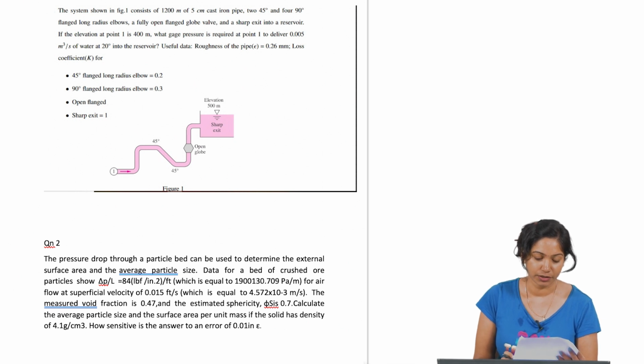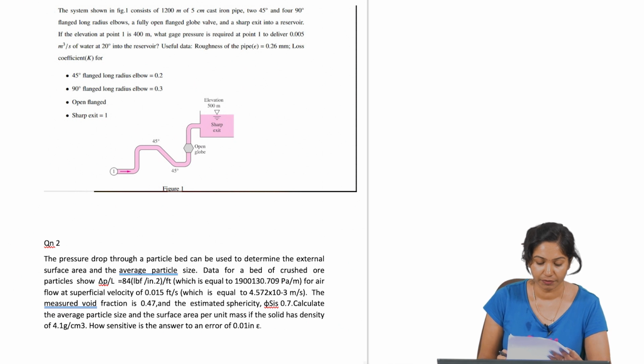The system consists of 1200 meter of 5 centimeter cast iron pipe, two 45 degree and four 90 degree flanged long radius elbows, a fully open flanged globe valve and a sharp exit into a reservoir. If the elevation at point 1 is 400 meter, what gauge pressure is required at point 1 to deliver 0.005 meter cube per second of water at 20 degree Celsius into the reservoir?